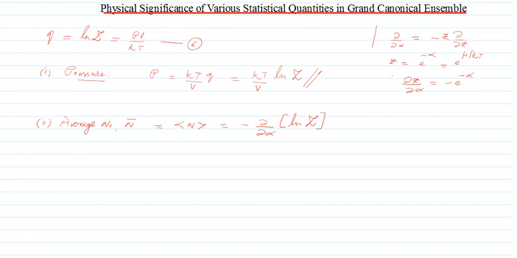Thus we can write dou by dou alpha as dou by dou Z into dou Z by dou alpha. We can write it like this.